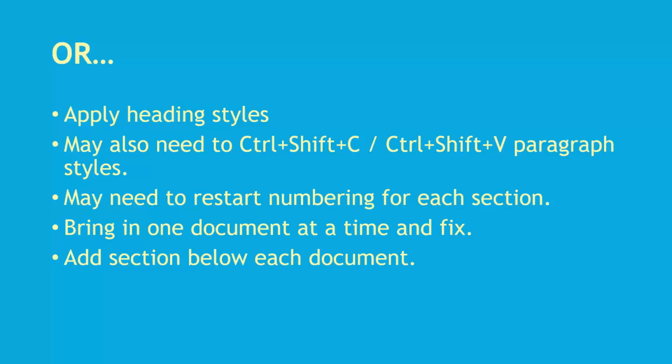When your documents start to get into capital letter and then numbered subheadings or subtopics, I have found it's best to use Control-Shift-C, Control-Shift-V, rather than just resetting the style, because that brings everything back to A, B, C, D, even though it's A, 1, 2, 3, 4. So we'll see how that works.